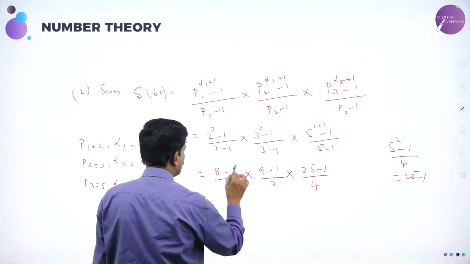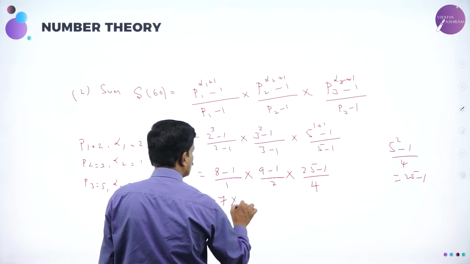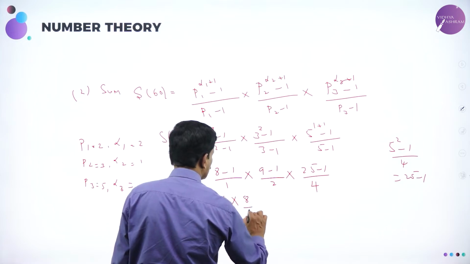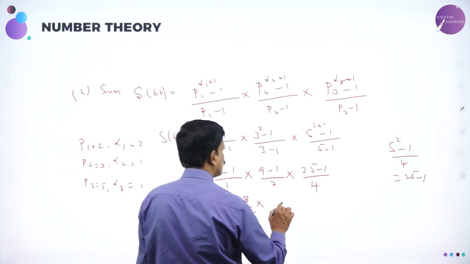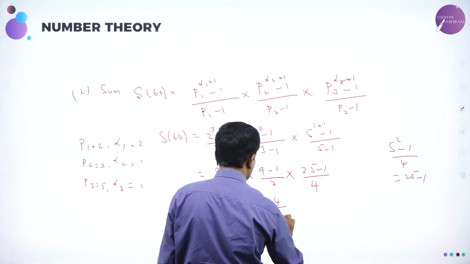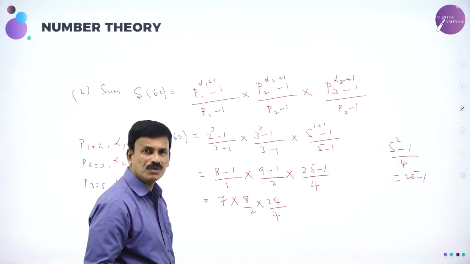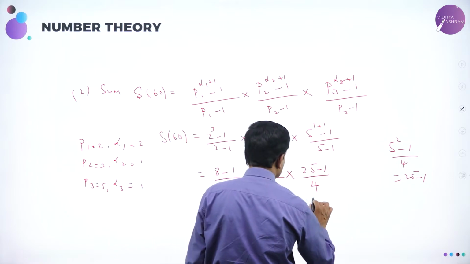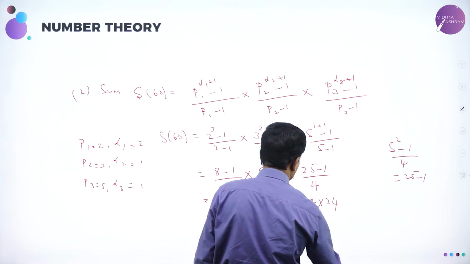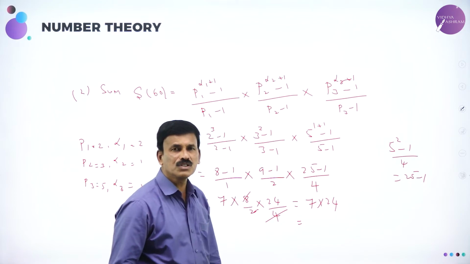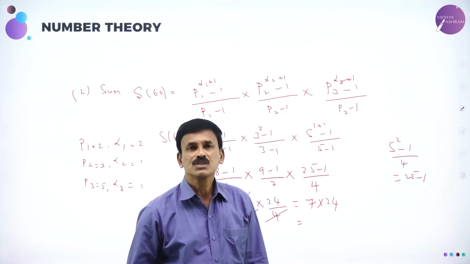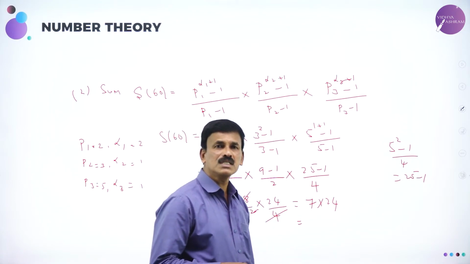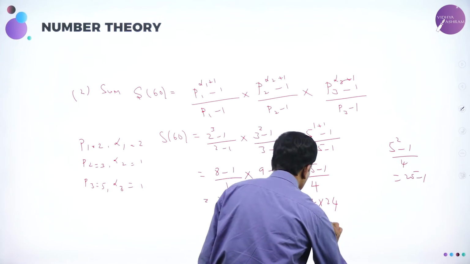So, this is equal to 8 minus 1 is 7. 9 minus 1 is 8 divided by 2. 25 minus 1 is 24 divided by 4. So, 4 2s are 8 gets cancelled. What is remaining is 7 into 24. 24 into 7 is 168.